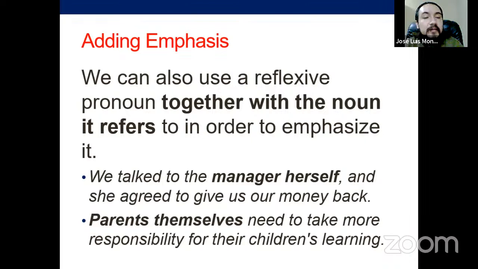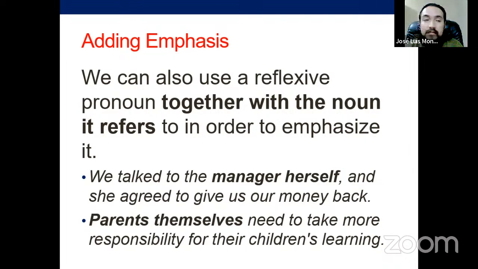It happens the same in the second one. It says parents. Parents themselves need to take more responsibility for their children's learning. So parents themselves is given emphasis to what? Is given emphasis to parents. Parents is a very important thing here.